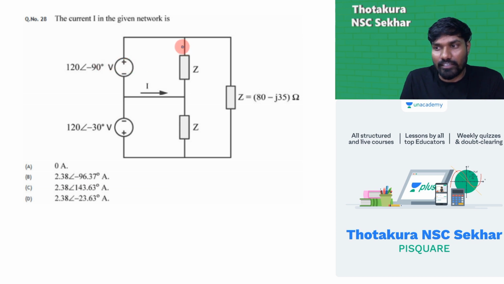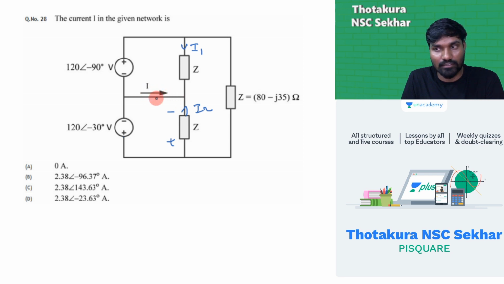Anyways, now this current, if I take it as I1, what is given here? In this circuit, you need to find this current I. Current I1 is entering here, plus is here, minus is here, so current I2, because the voltage across this will be the same. This voltage will drive current downward, and this voltage will drive current this way. So some of these two will be going this way, but it is given this way.